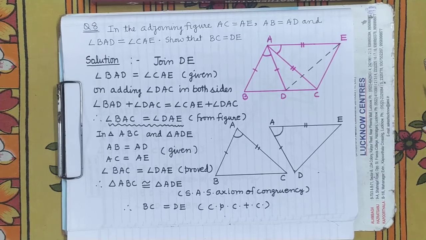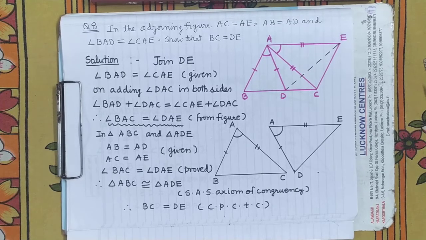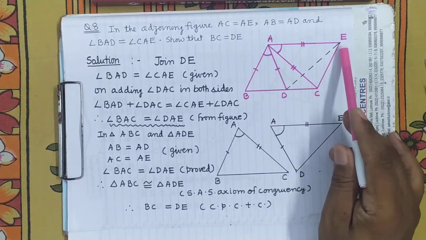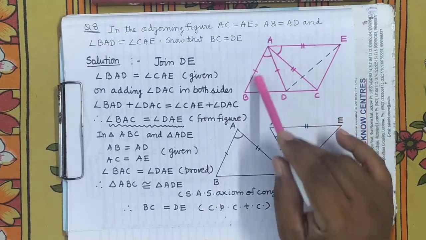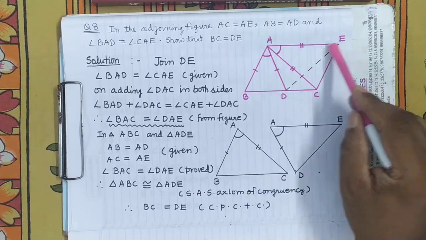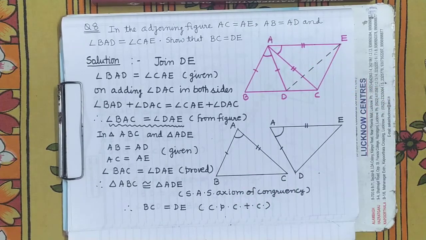Now, think which two triangles you will take to prove congruent. You have to prove BC and DE, so you will take one triangle ABC and the other triangle ADE.